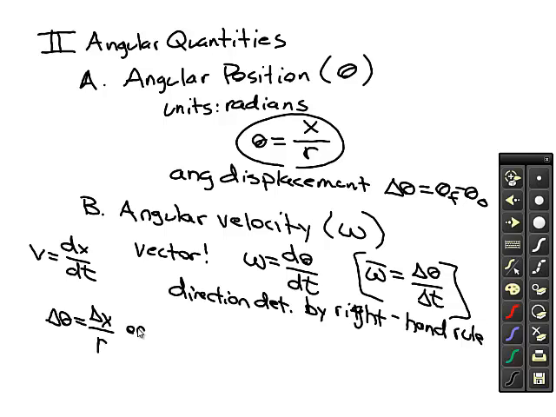If I divide each side by delta t, I've got delta theta over delta t equals delta x over delta t over r. Or omega equals v over r.